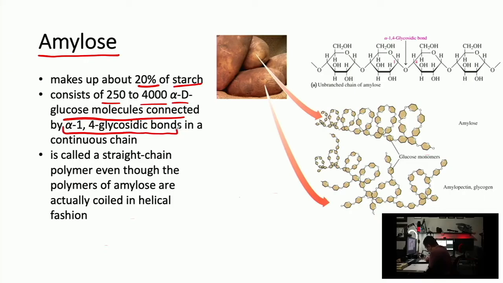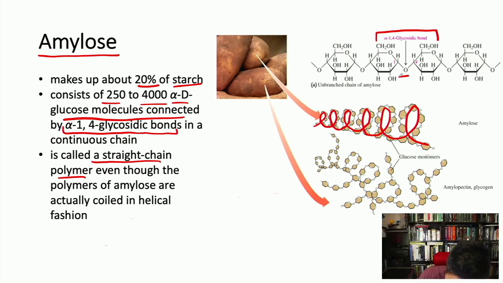And even though this is a straight-chain polymer, the polymer tends to coil itself into a helical structure. But the thing to remember is that those glucose molecules, or monomers, are joined together by this alpha-1,4 glycosidic bond.